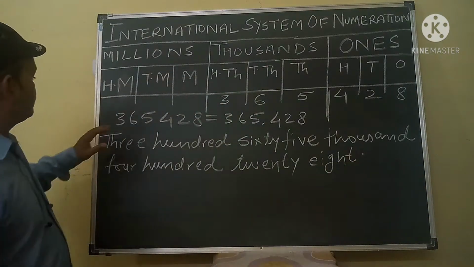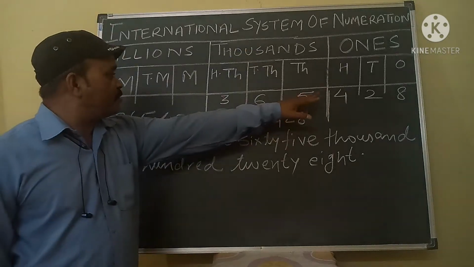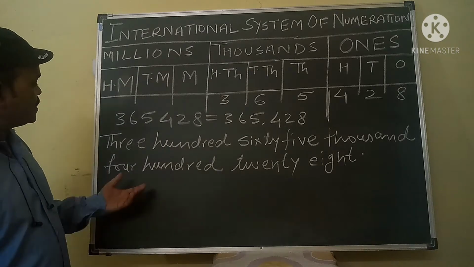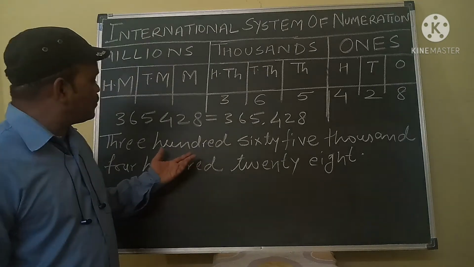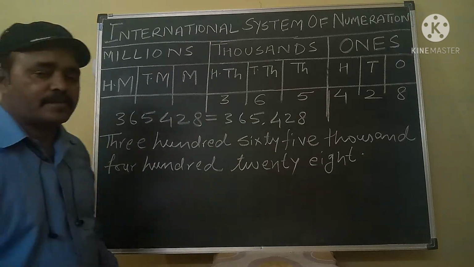Okay, 365,428. Okay, so this is the one example about International System of Numeration.